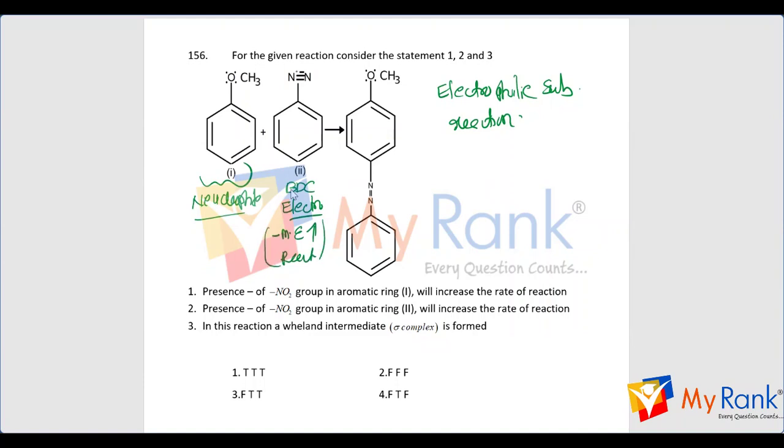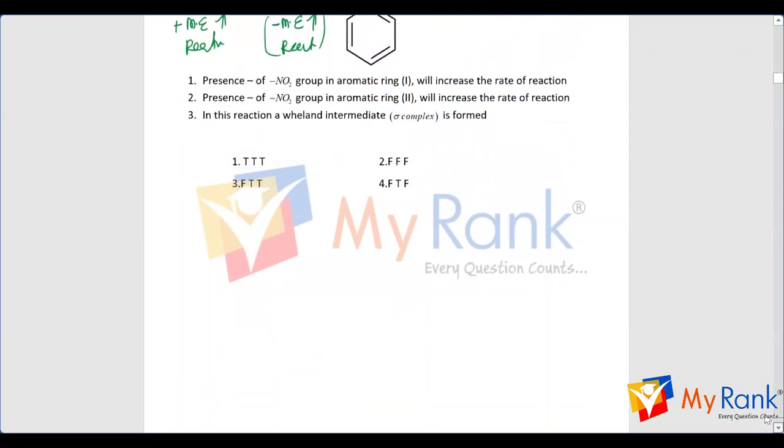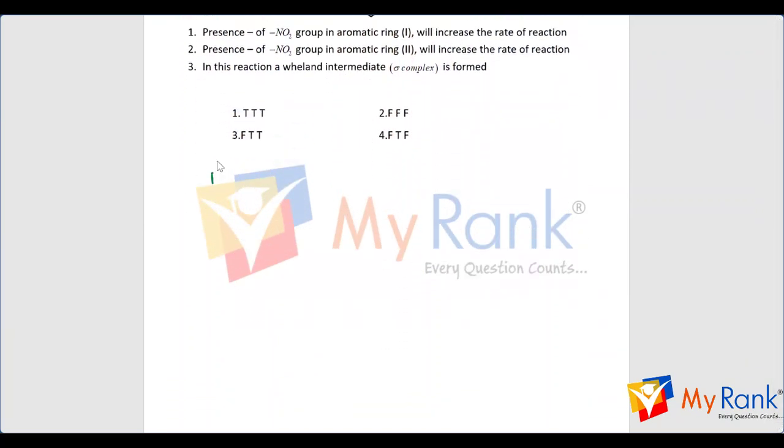Minus mesomeric effect will increase the reactivity of the benzene diazonium ion, whereas plus mesomeric effect will increase the reactivity of the nucleophile. Very simple. The nucleophile should have more negative charge, and the electrophile should have more positive charge. So more charge must be present on the electrophile and nucleophile.